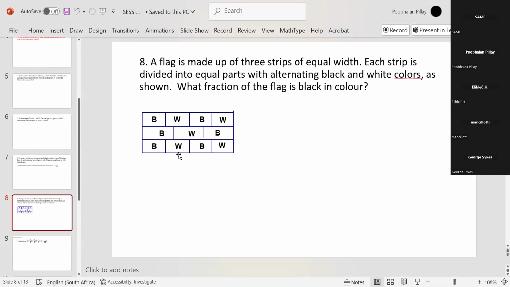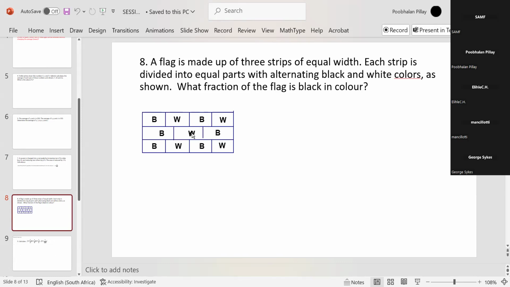Each strip is divided into equal parts. So this first strip is divided into equal parts, but there are 4 of them.